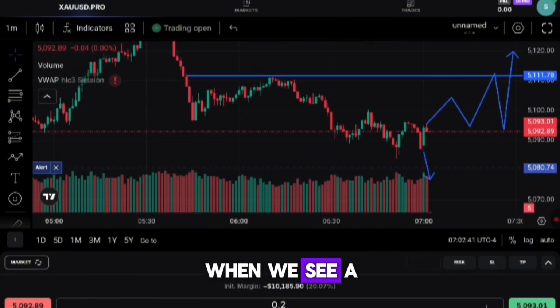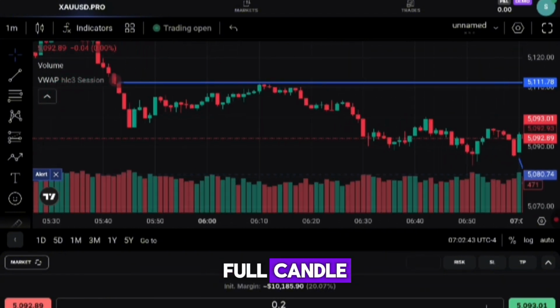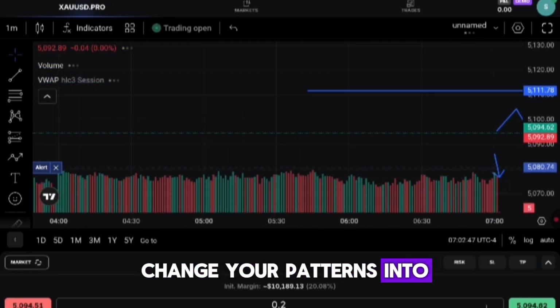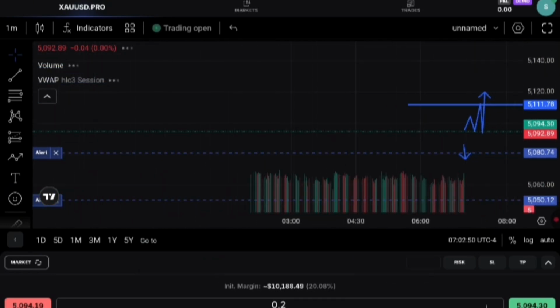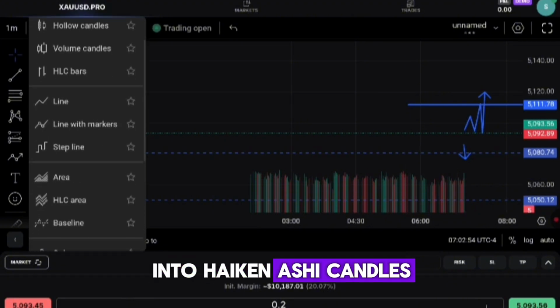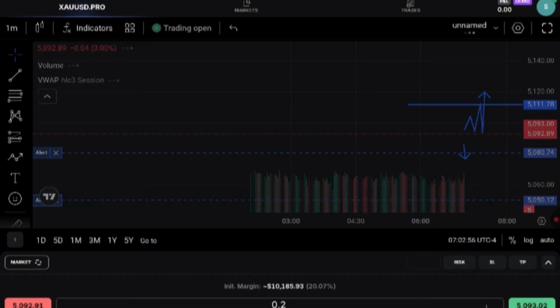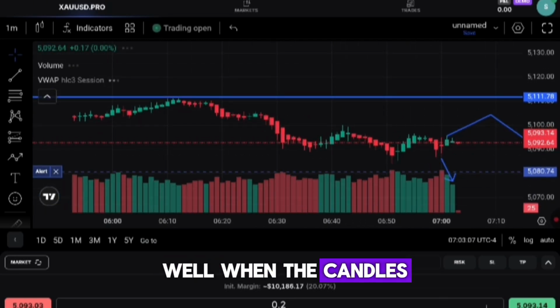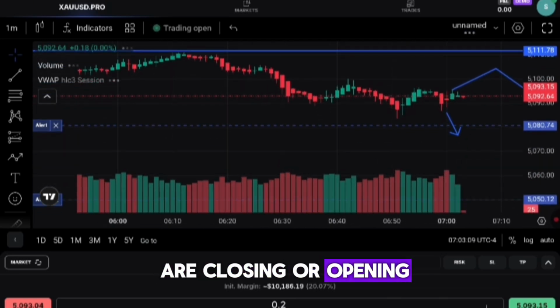When we see a full candle. So you got to change your patterns into the candles, into Heiken Ashi candles. You can see very well when the candles are closing or opening.